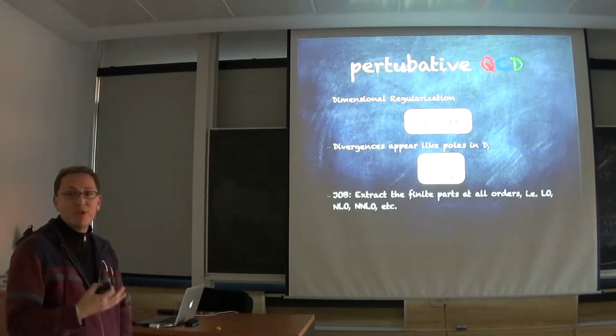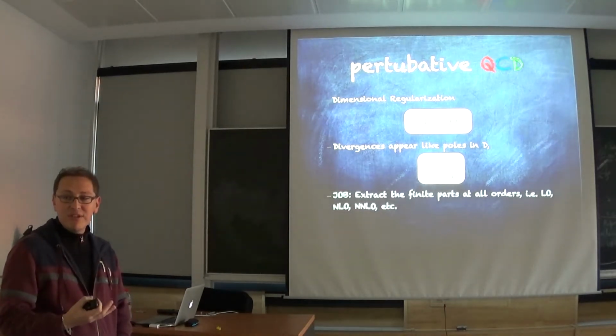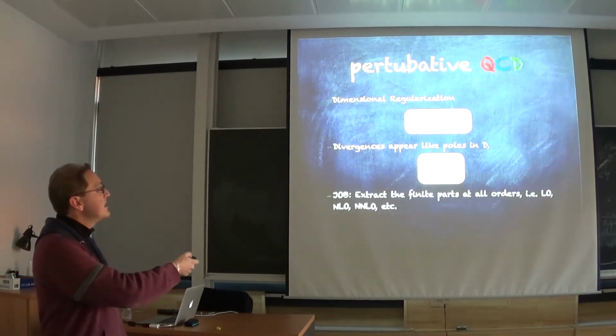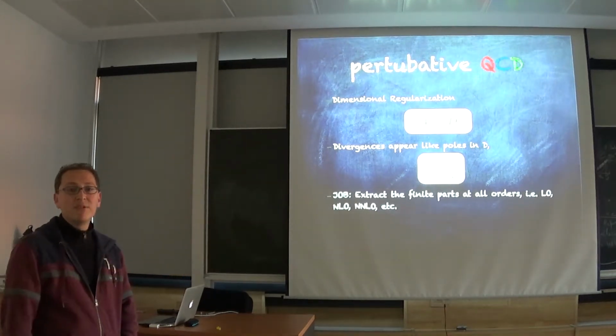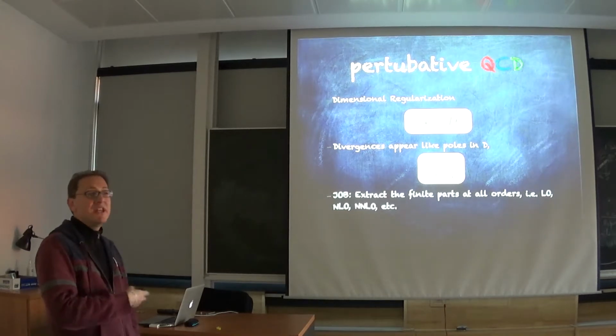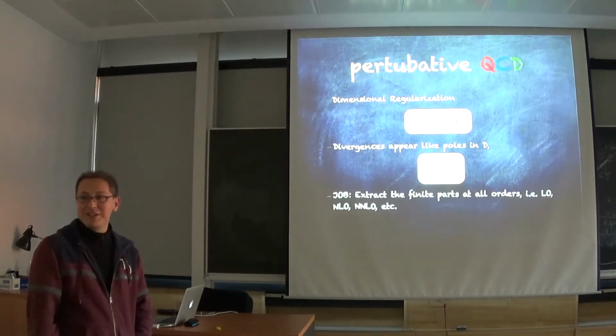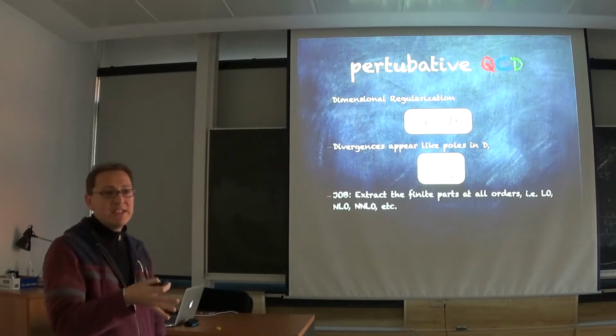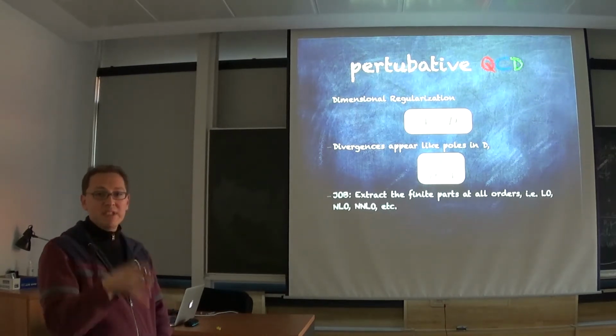So what we do is we do not fix the dimension, but we say it's going to be d dimensions. If you have an integral, and you have integrals everywhere, then you say, okay, this integral is not going to be in 4 dimensions, it's going to be in d dimensions.